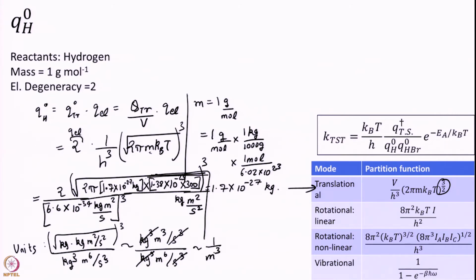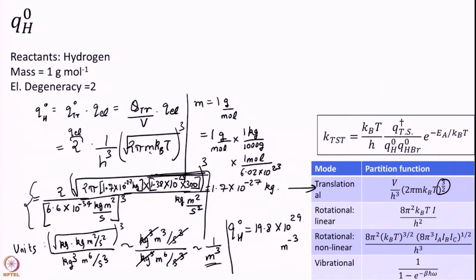Okay. So, the rest is just plugging in the numbers. I have to calculate this very carefully on a calculator, and if I calculate that, I get 19.8 times 10 to the power of 29 per meter cube, that is my units, meter minus 3.